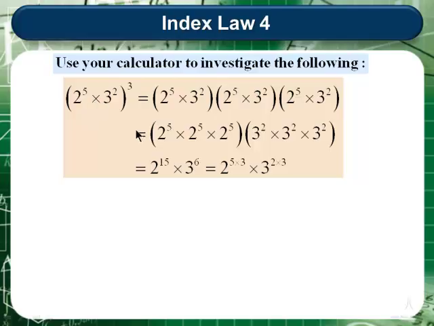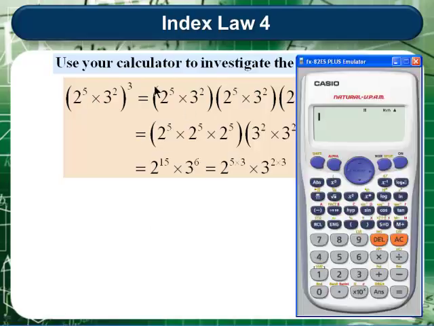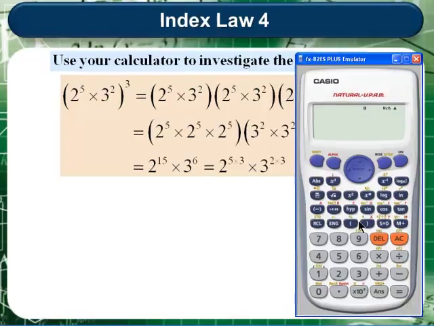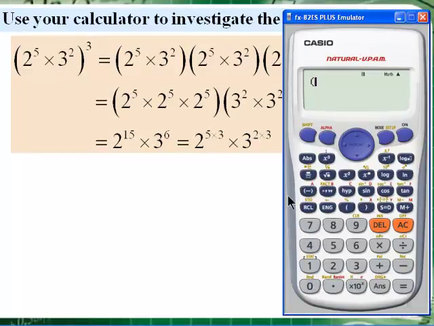Let me get into the calculator to confirm the correctness of this numerical result. Right, so let us calculate this by means of the calculator. So we have 2 to the power 5 multiplied by 3 to the power 2, and all of this to the power 3.